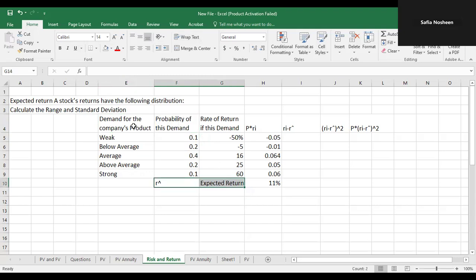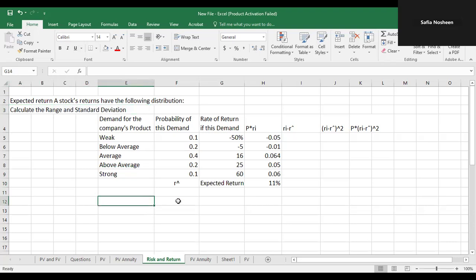These are the different scenarios, these are the probabilities associated with these scenarios, and these are the returns associated with each probability. By multiplying the probability and the individual returns, we get these weighted values, and by summing these weighted values, we have the expected returns. So this is the expected return value, and now we have to calculate the range and the standard deviation.